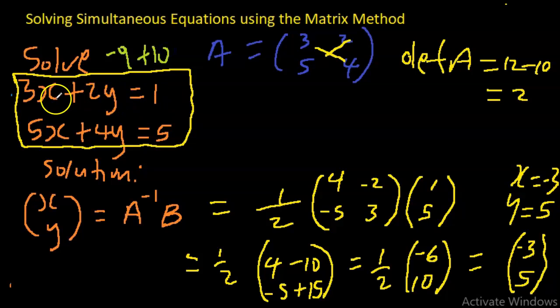So we are confident that it works in this. Let's test if it works in the other one. If x is minus 3, 5 times minus 3 is minus 15. We're saying y is 5, so 4 times 5 is 20. So negative 15 plus 20 gives us positive 5. So we are confident it's correct. Let's try another one.